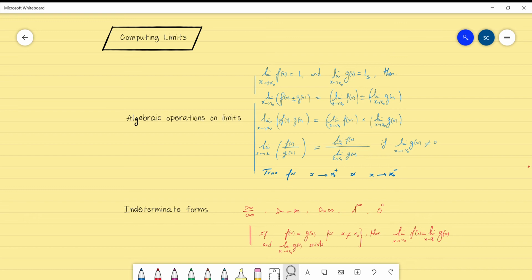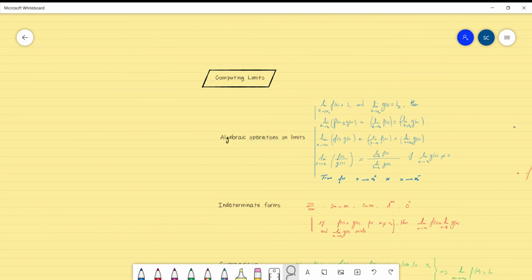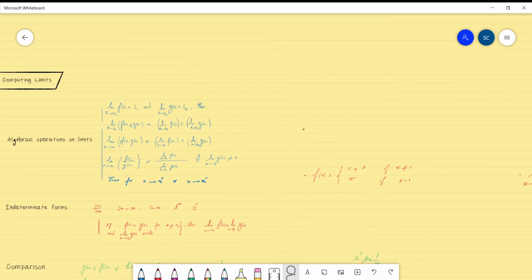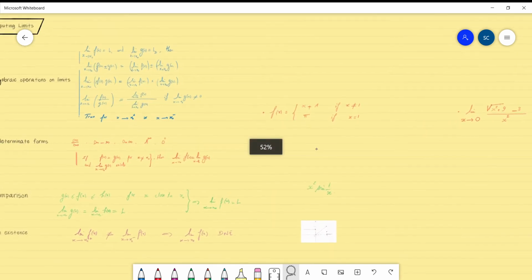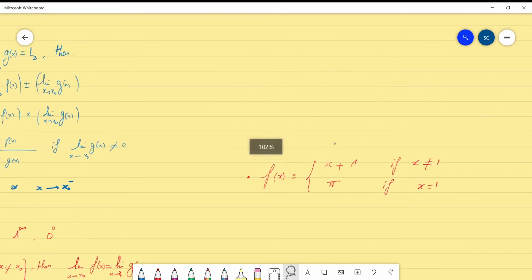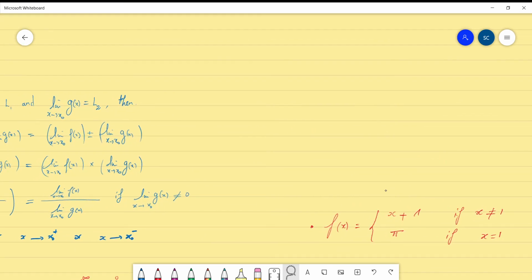Okay, so we can have many examples for this. For example, let's consider the limit of 2x² minus 1 plus 1 over x, as x approaches 1.